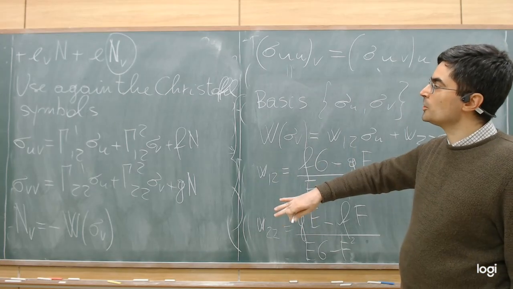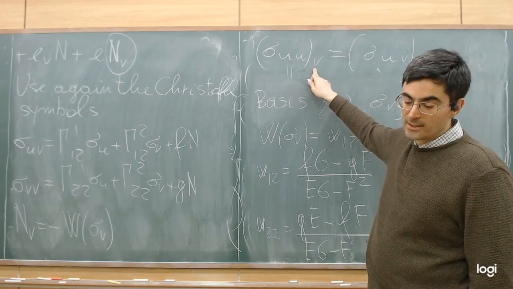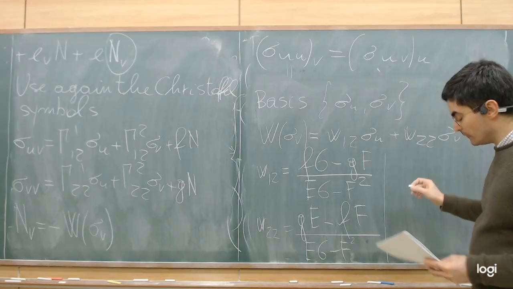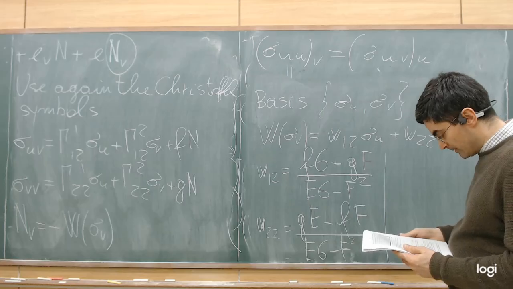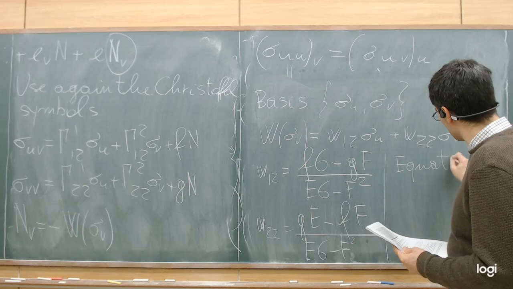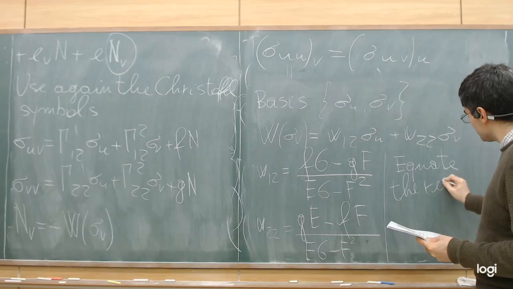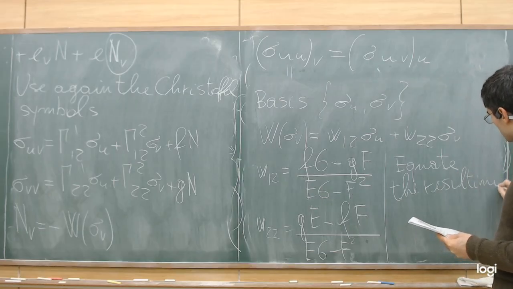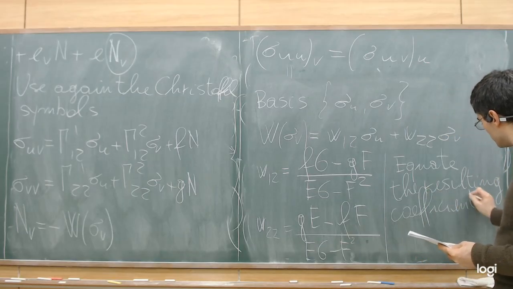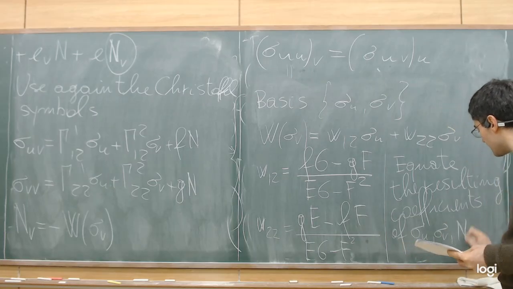So all this work is only for expanding sigma uuv. You have to do a similar work for sigma uvu, and then you have to equate the resulting coefficients of sigma u, sigma v, and n.